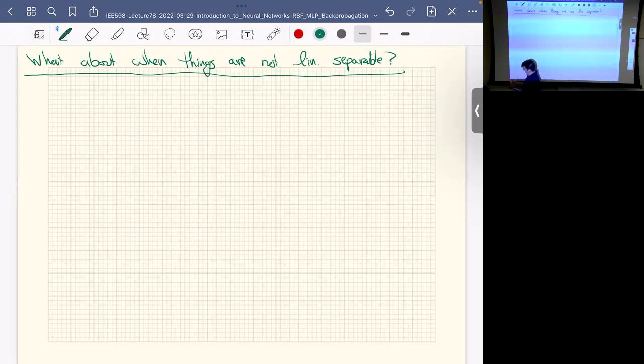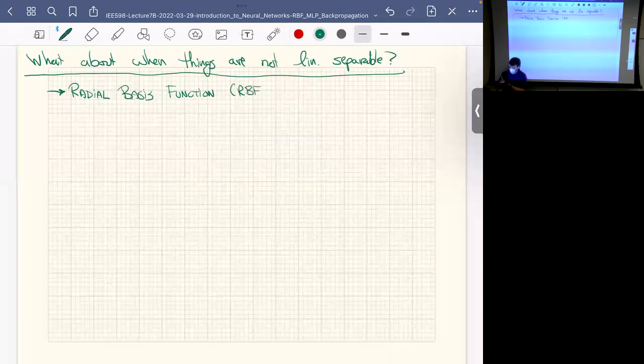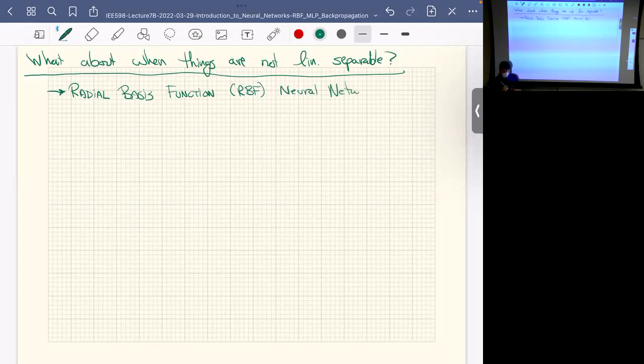Well, there is a slight modification on what we just talked about, and that is the radial basis function neural network, or RBF neural network, or RBFNN.